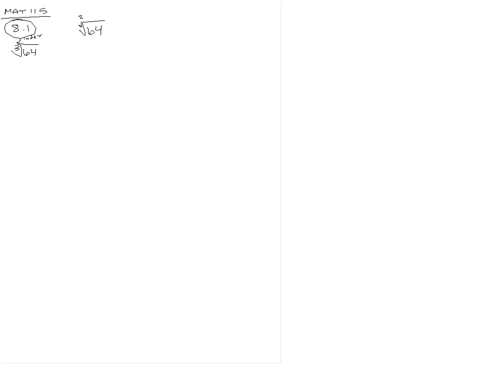Now, I'm not going to worry about this one. I'm going to worry about this one. The cube root of 64 is 4, and I'll tell you why, because 4 times 4 times 4, or 4 cubed, is 64. The cubed root of 125 would be 5.